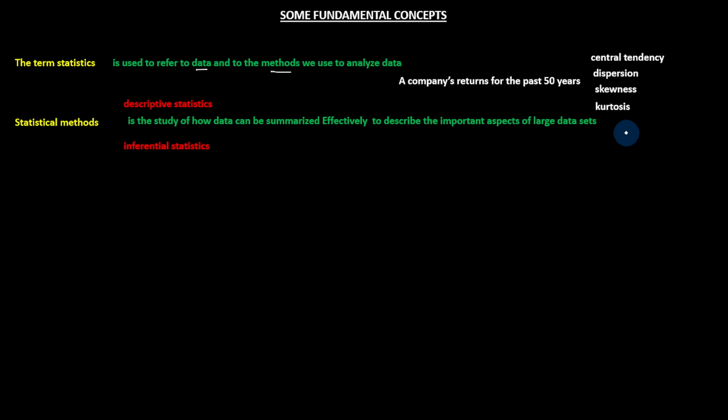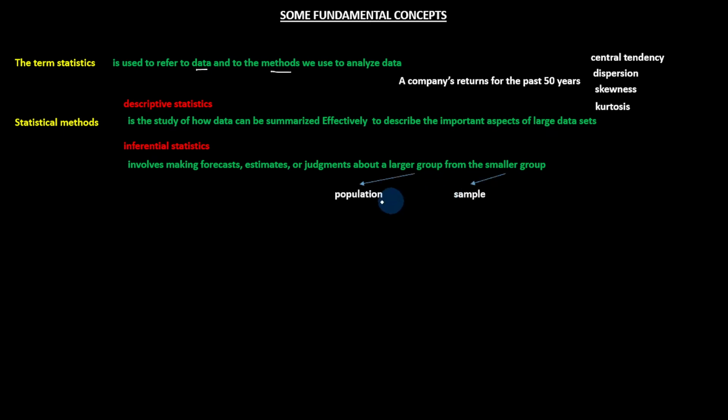That's it. Inferential statistics, on the other hand, involves making forecasts, estimates, or judgments about a larger group from the smaller group. And here, when we say a larger group, normally we mean a population. When we say the smaller group, we're talking about a sample.